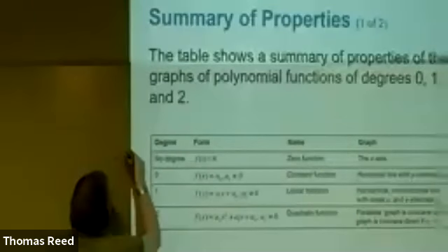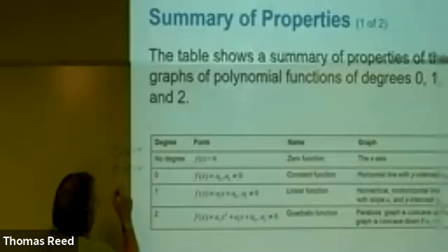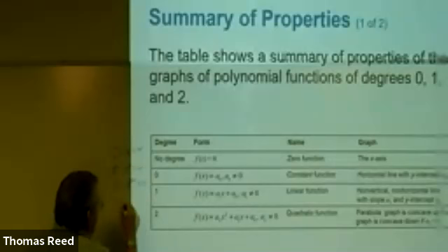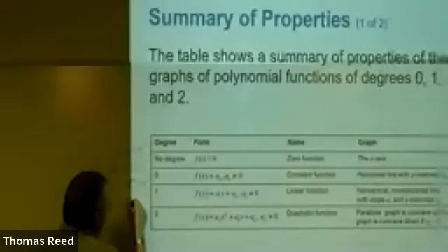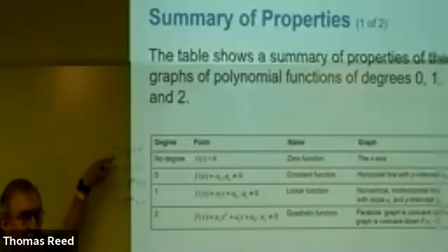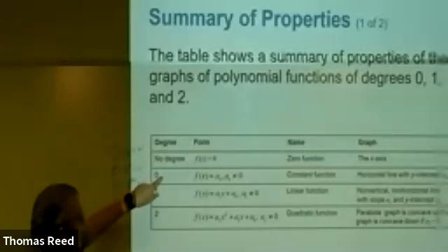So 0 times x is 0. 0 times x to the 4th power is 0. 0 times x to the 200th degree is 0. 0 times x to the 2364th degree is 0. By this reckoning, 0 can have any degree. Well, that's not possible. So we say it has no degree.